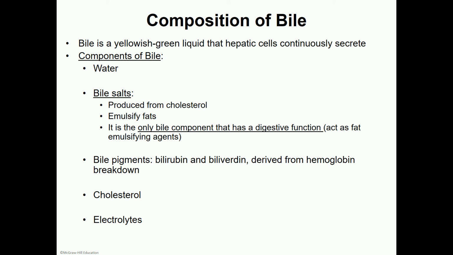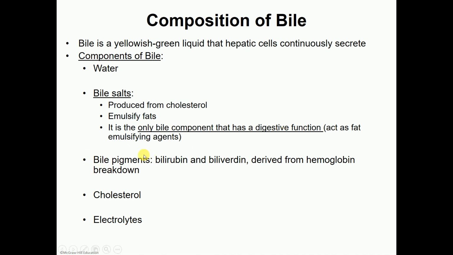The bile salts found in bile produce that same effect that soap does, and the term saponification comes from that function. That bigger molecule of lipids is broken down into smaller parts so that the lipases can work and digest fat. Bile salts are really the only component of bile that has any digestive function. Everything else has no digestive function.